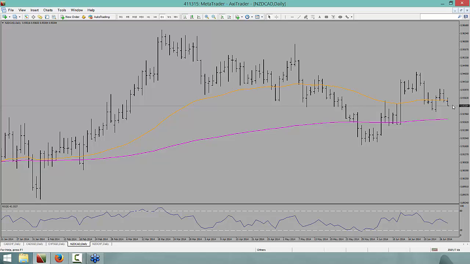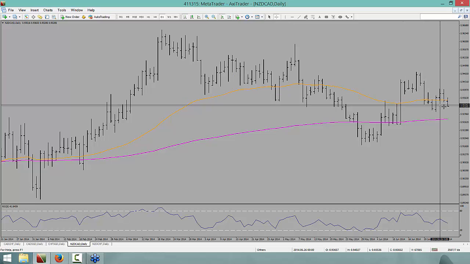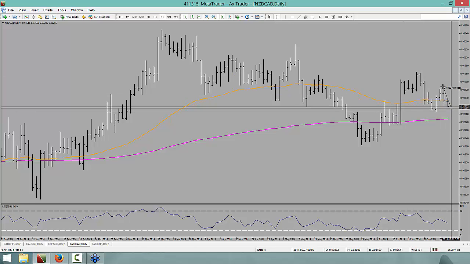Might be a trade here. Might look at this tomorrow. Here your stop's there, depending on where this bar finishes. It might be worth having a look at tomorrow.